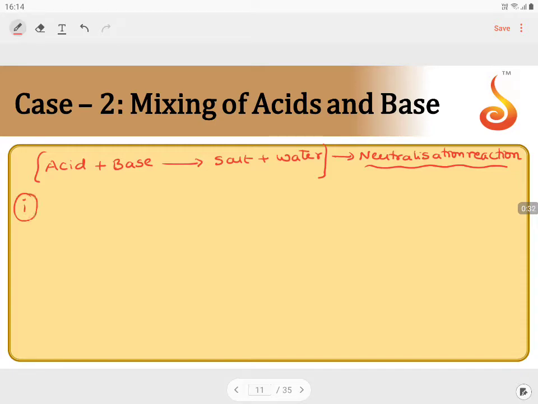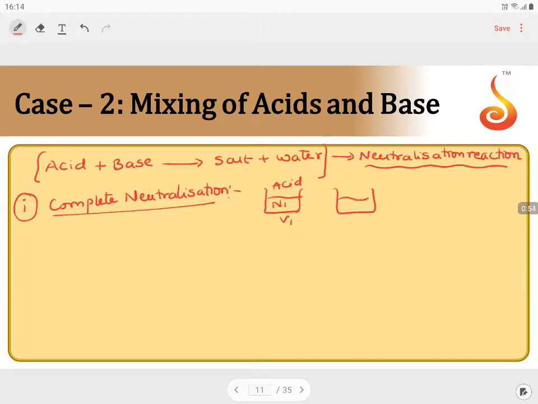Case 1: if the reaction undergoes complete neutralization, that means you have taken an acid whose normality is Na and volume is Va, and a base whose normality is Nb and volume is Vb.